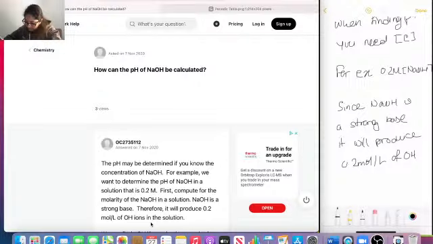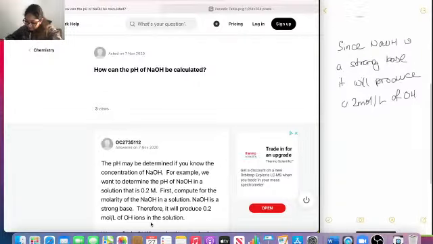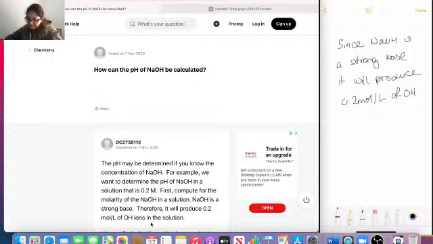Because we're trying to find the pH, when it says to find the pH of NaOH, we're trying to find the pH of OH in this case. The actual base in this case would be OH. Na is not counted because it's an element.